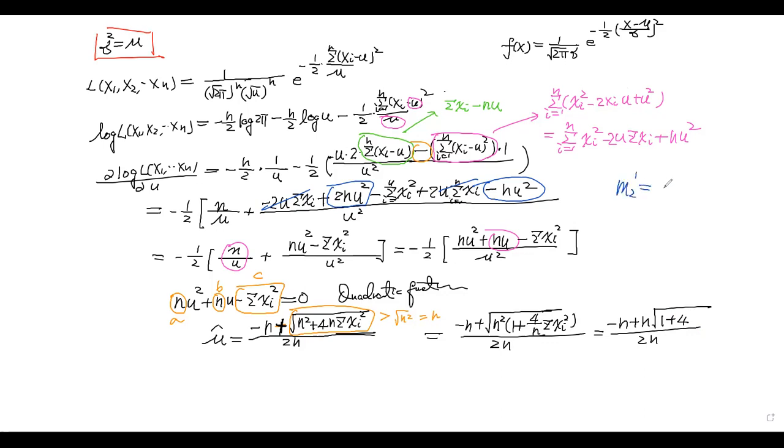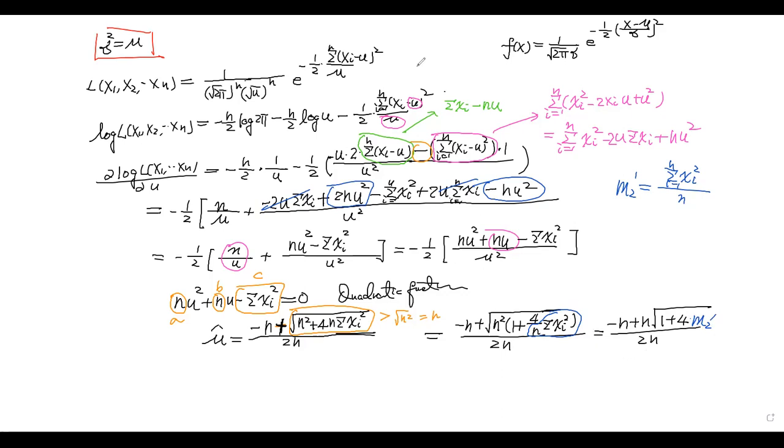So we define m2 equal to the summation xi squared over n. So we know this term here is the second moment, that's why we say this is m2 prime here.